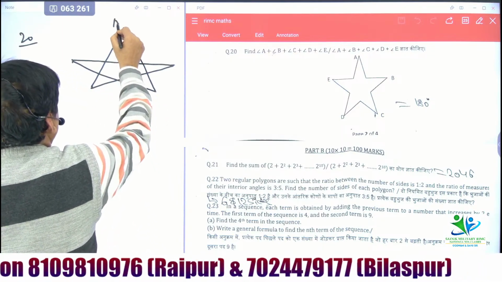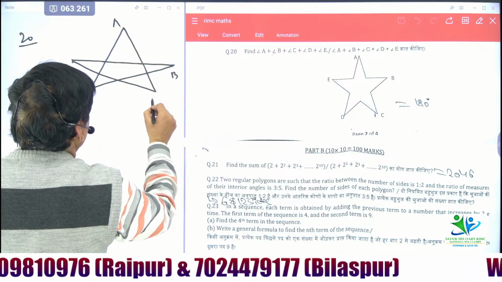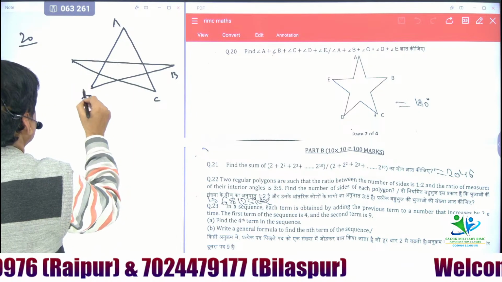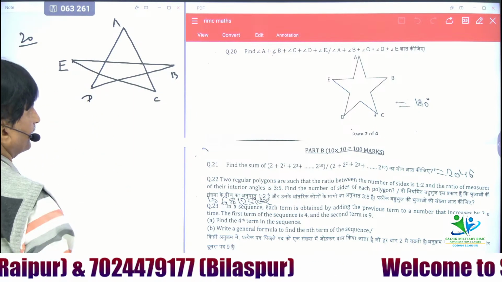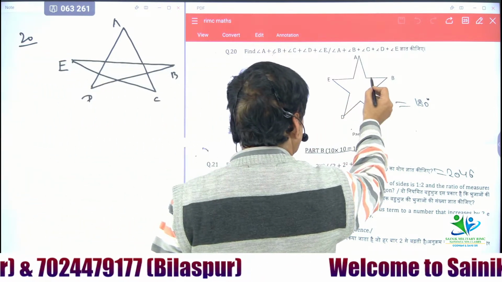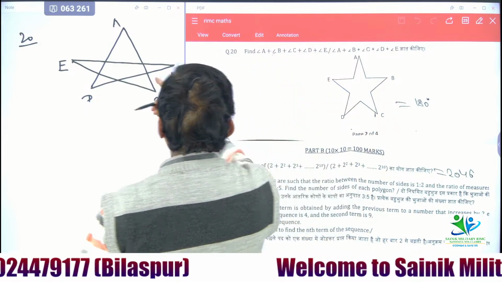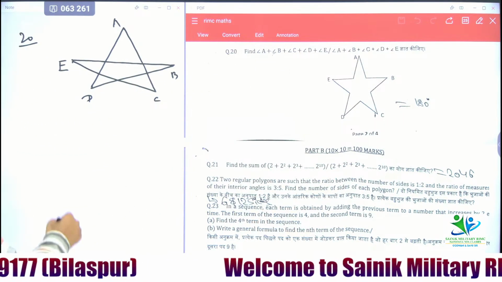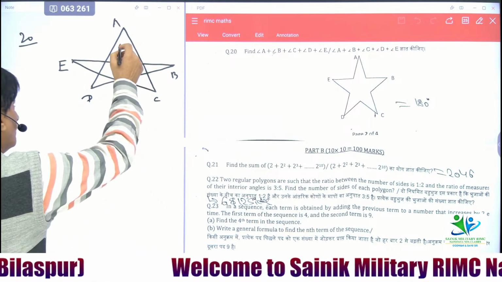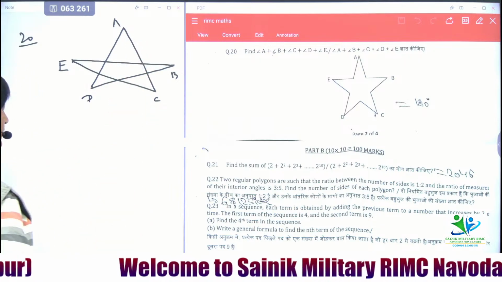This one is A, this one is B, this one is C, this one is D, this one is E. If you join this open part, then you get the figure like this, and you have to find the sum of all these 5 angles.